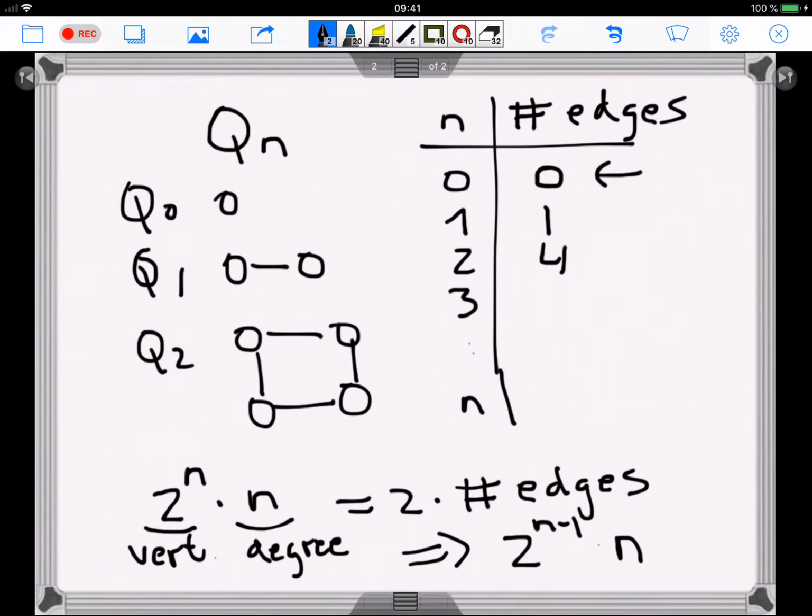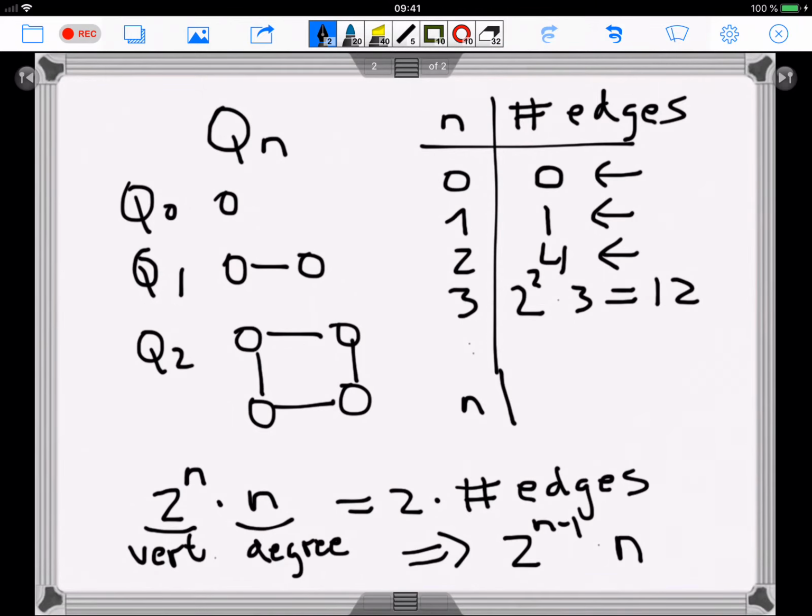Here n is 0, so we get 0. Here we have n equal to 1, so we have 2 to the power 0, which is 1, times 1, which is 1. Here you have 2 to the power 2 minus 1, so 2 to the power 1, which is 2, times 2. Here we have 2 to the power 2 times 3, which is 12.